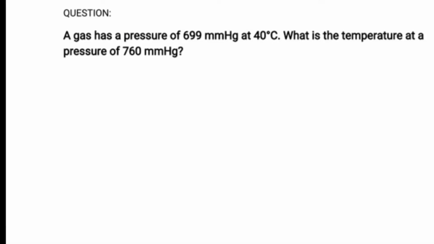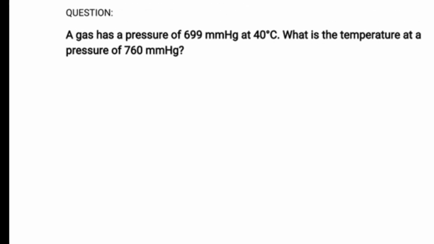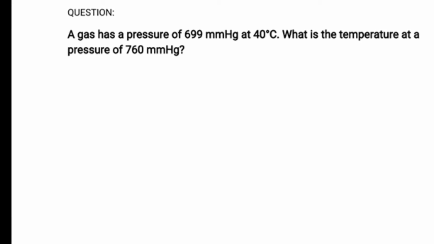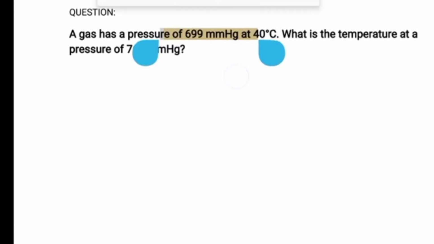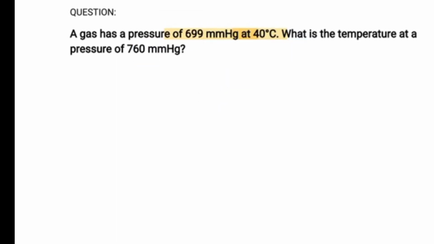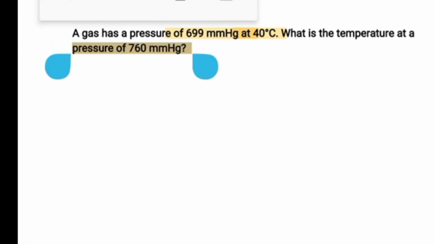A gas has a pressure of 699 mmHg at 40 degrees Celsius. What is the temperature at a pressure of 760 mmHg?